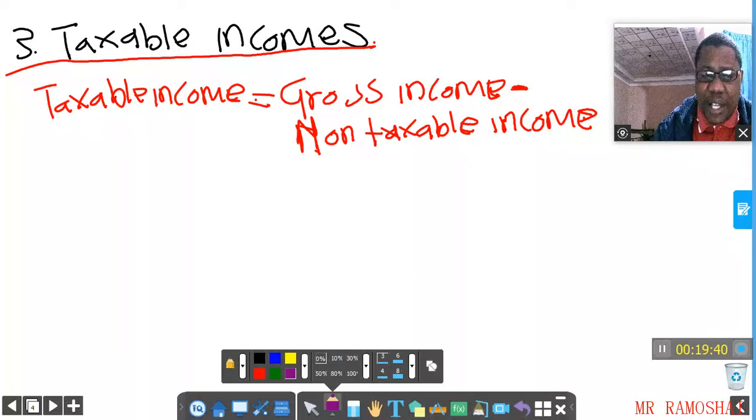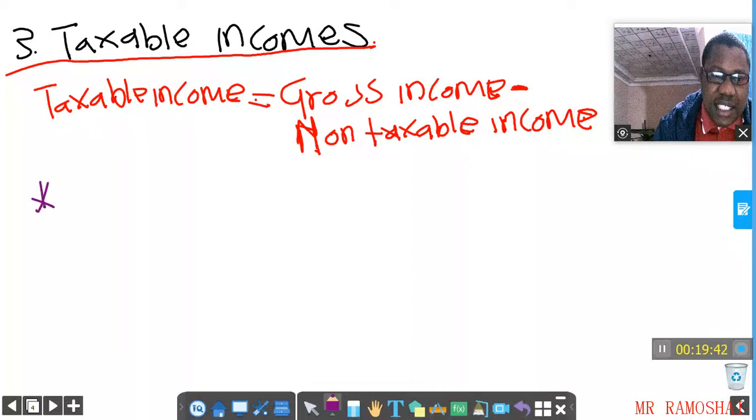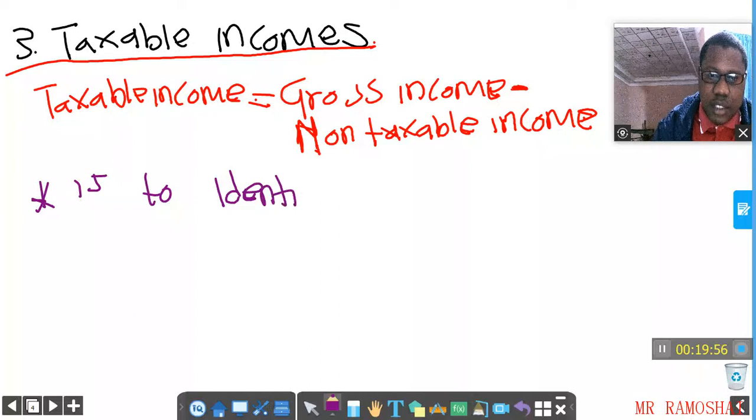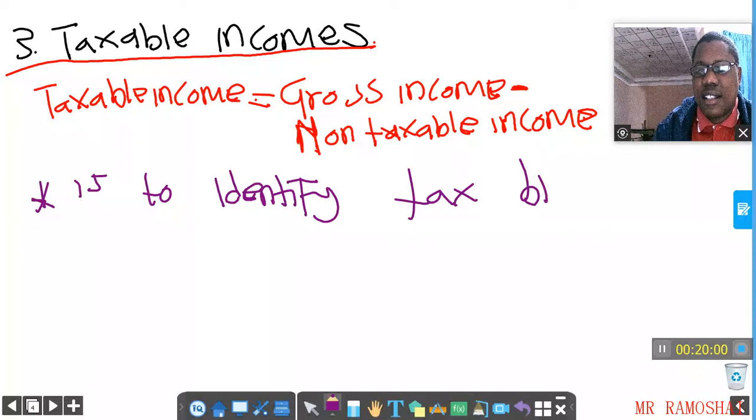I want to give you a way forward, right? The way forward with the taxable income, the importance of taxable income is to identify the tax bracket. Nothing more, nothing less. Right.